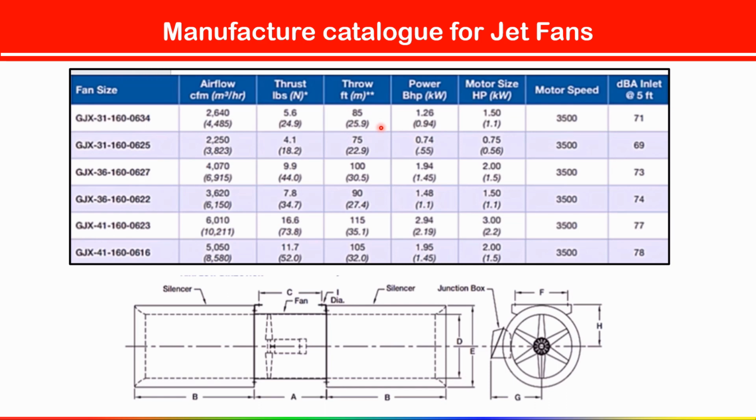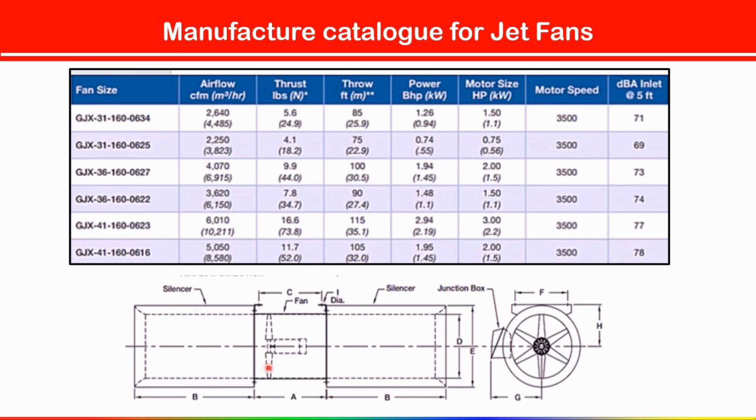Then power 0.94 kilowatt or 1.26 bhp. Motor size is also given, 1.5 hp. Motor speed, and noise level is also given here. See, the section view of the jet fan is given. Junction box, silencer we are using to reduce the noise level.